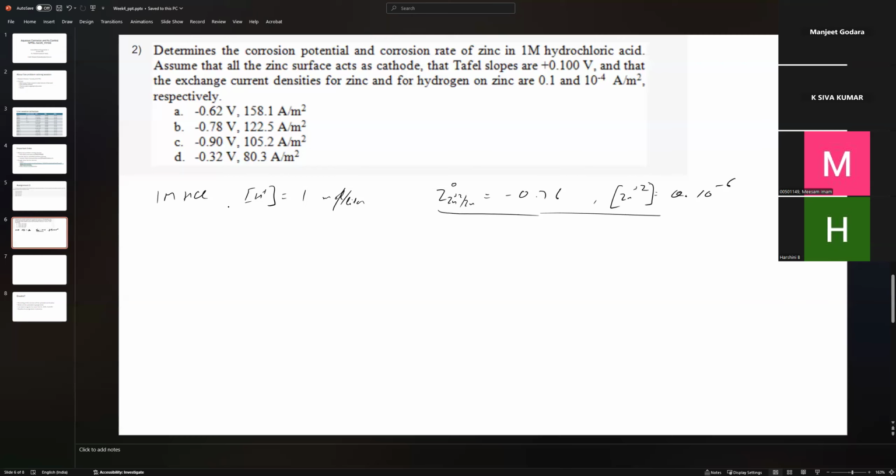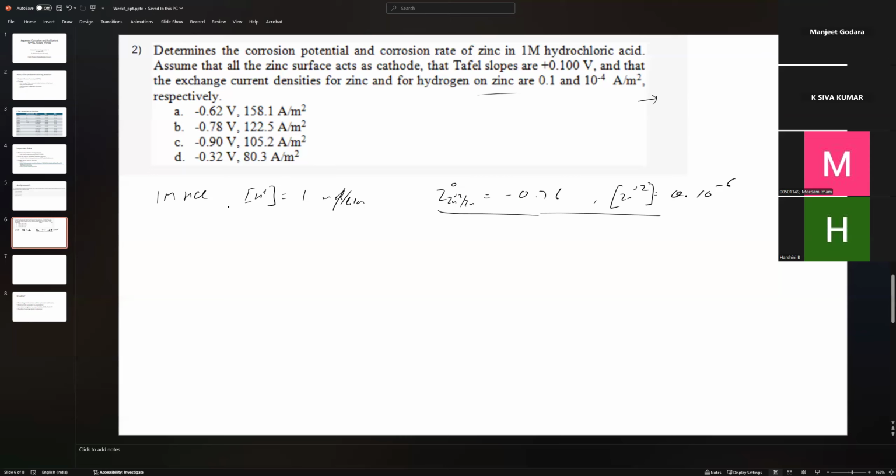These things are missing here. So anyone who solved the previous assignment would have been able to solve it, but if someone tried this question for the first time, they might have been confused.